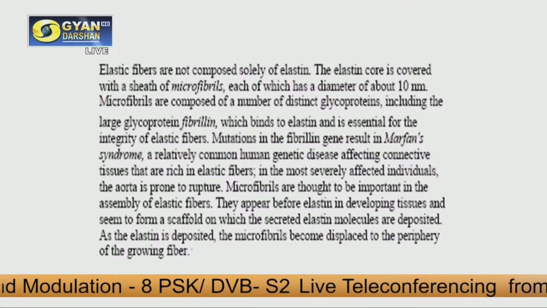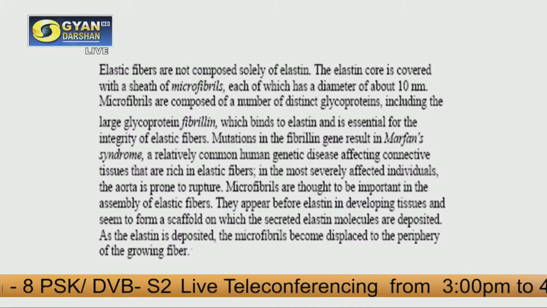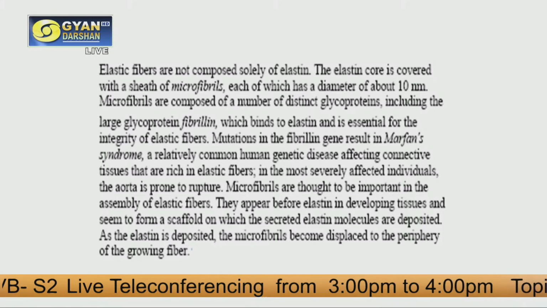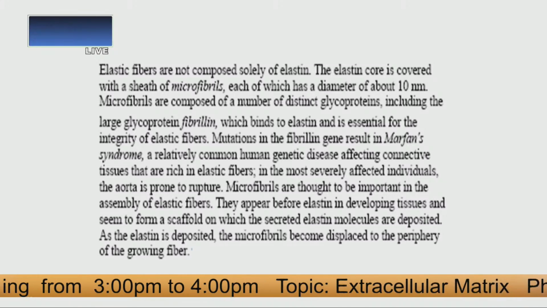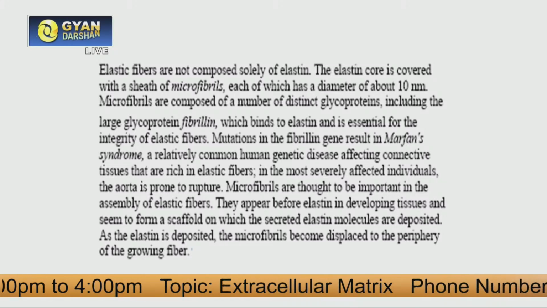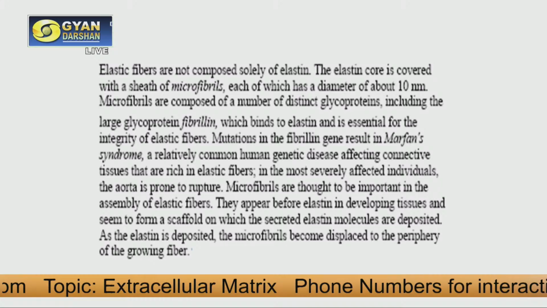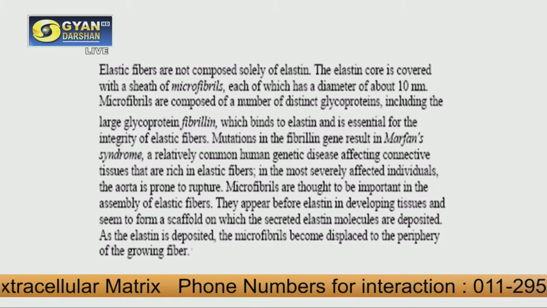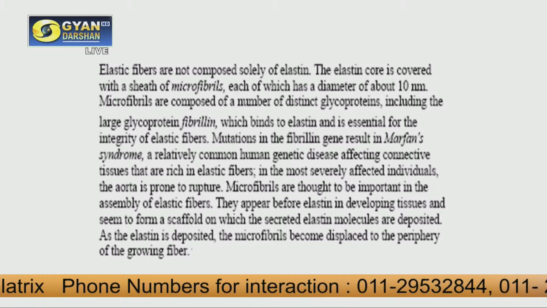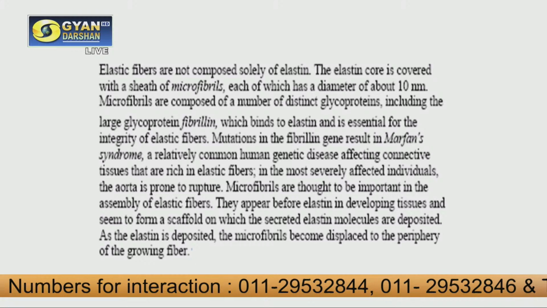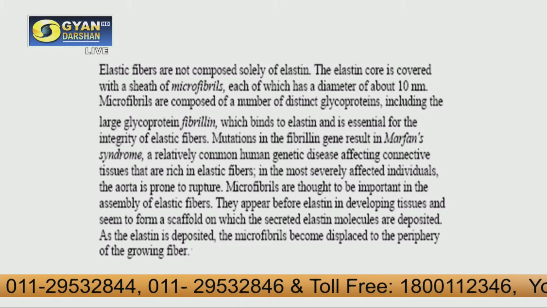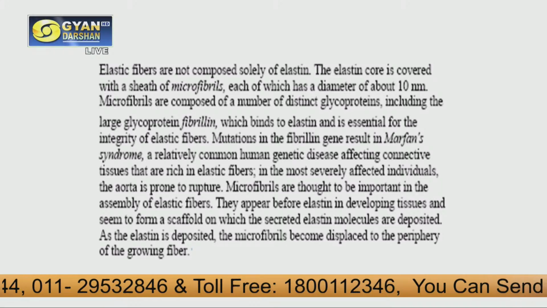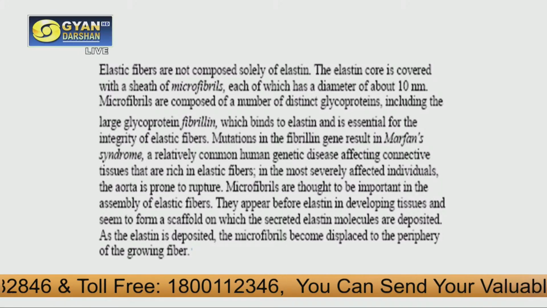Elastic fibers are not composed solely of elastin. Apart from that, they also have other components: the elastin core is covered with a sheath of microfibrils, each of which has a diameter of about 10 nanometers. The microfibrils are composed of a number of glycoproteins, one such being a large glycoprotein called fibrillin.